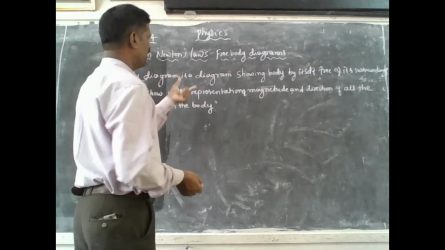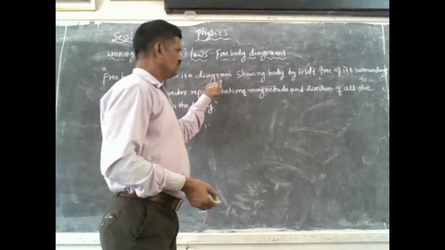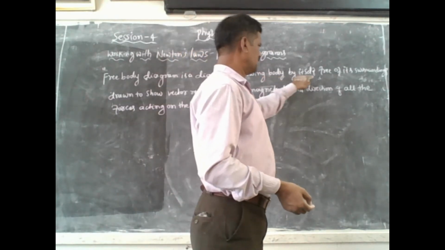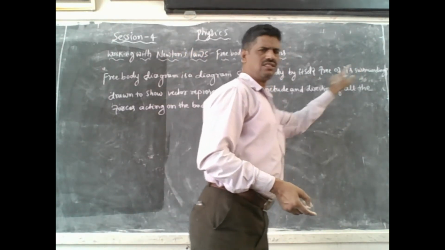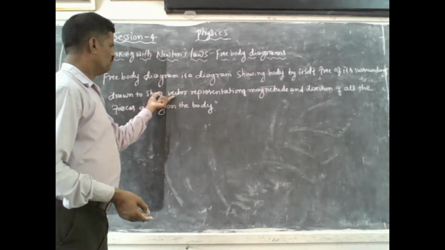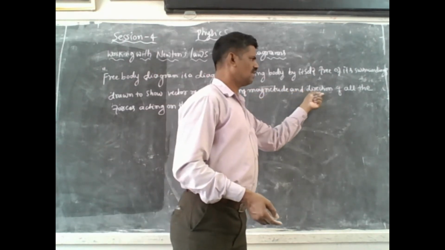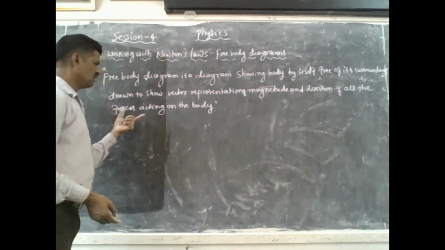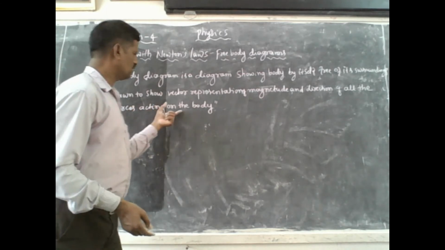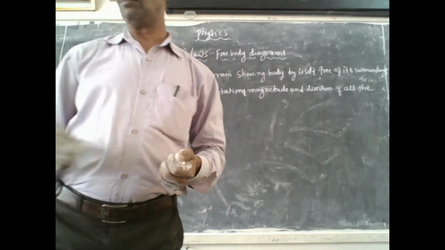What is a free body diagram? A free body diagram is a diagram showing a body by itself, free of its surroundings, drawn to show the vector representation of magnitude and direction of all the forces acting on the body. This is known as a free body diagram, isn't it?